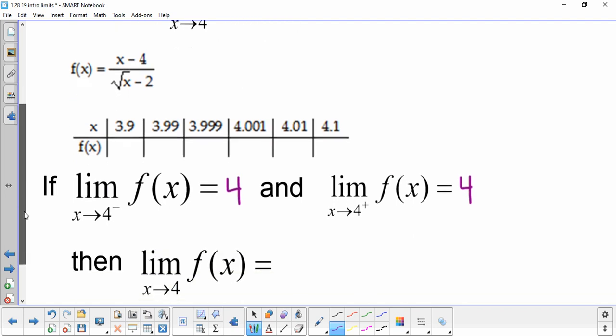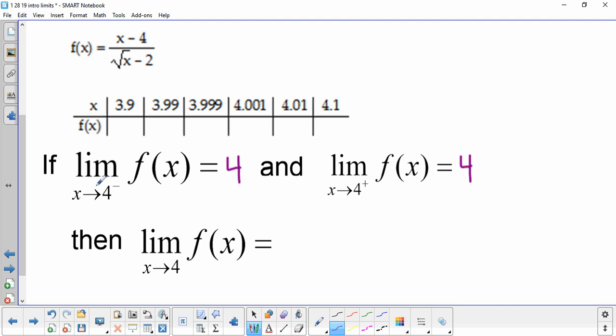Because the limit as you approach from the left side, remember this is the left side, so the left one-sided limit, and this right here, when you see that little plus sign, this is the right side of 4. Because we're approaching the same value from both the left and right, we know the unique number that f of x is approaching is 4.